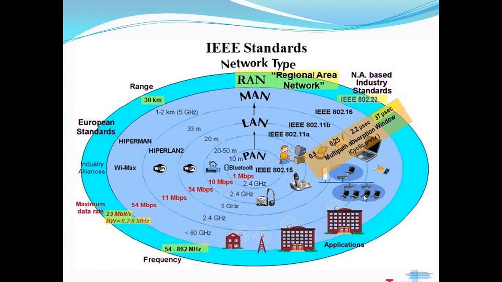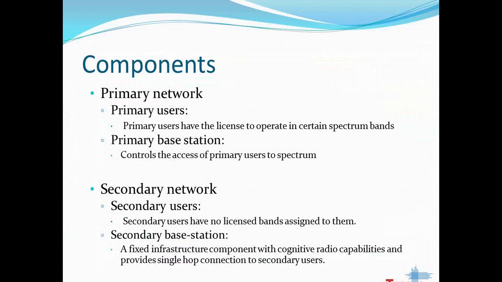So in cognitive radio, there are basically two kinds of users. One is the primary user and one is the secondary user. This is important because primary users are the license owners and they have the permission to operate in certain spectrum bands. Secondary users don't have any licensed band assigned to them, and hence they are required to utilize the primary users' spectrum in an opportunistic manner.